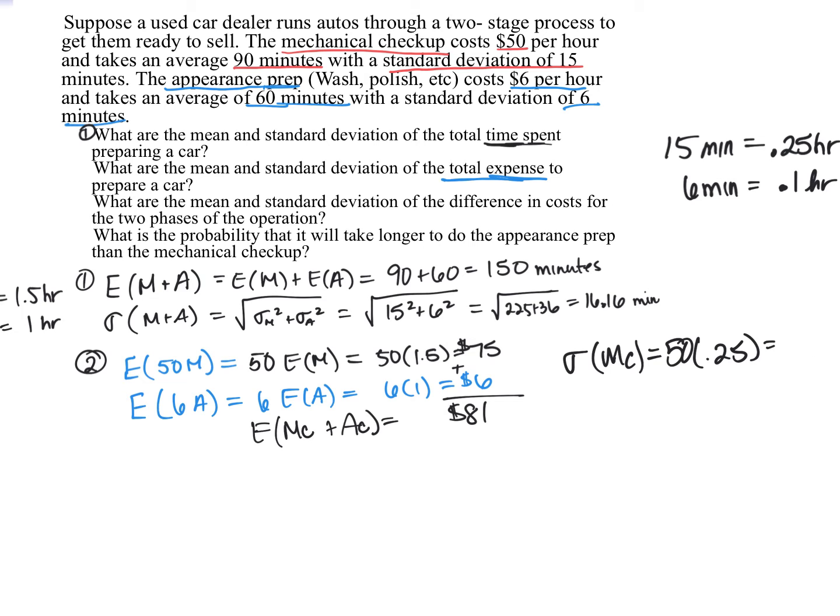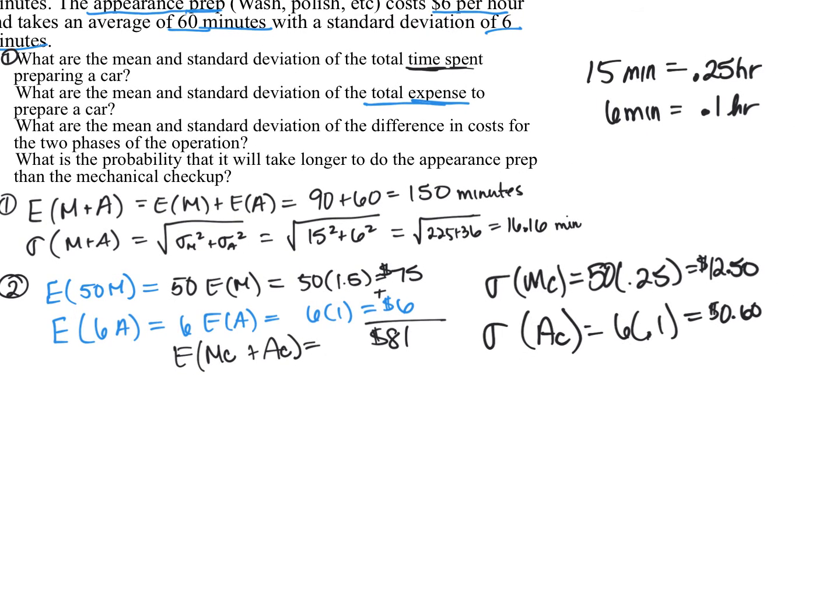I can multiply my standard deviation by a constant, so I'm just converting from hours to dollars. 50 times 0.25 is 12.5. Standard deviation for the appearance cost is the 6 times 0.1, which is 0.60.